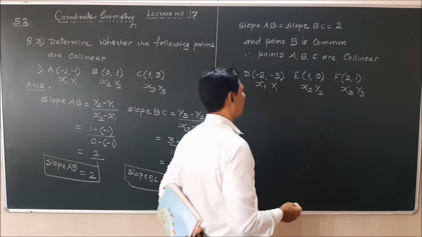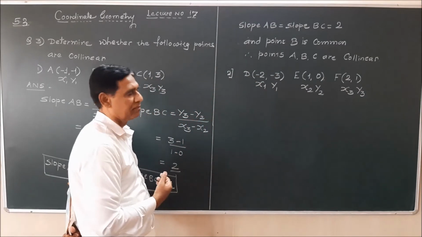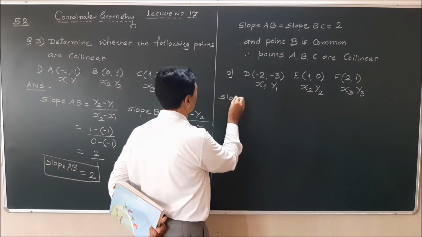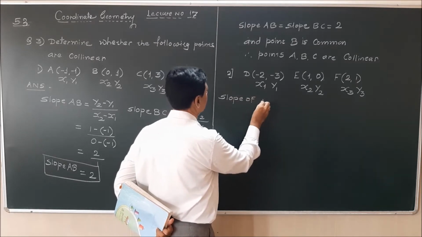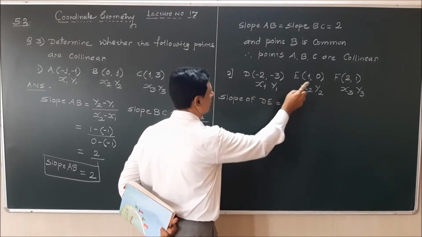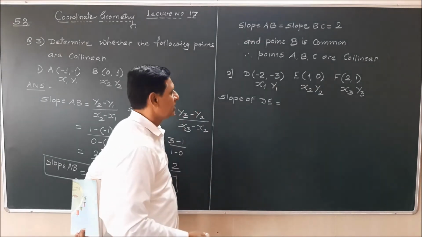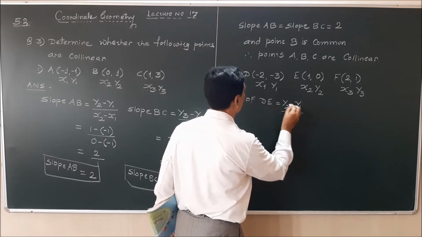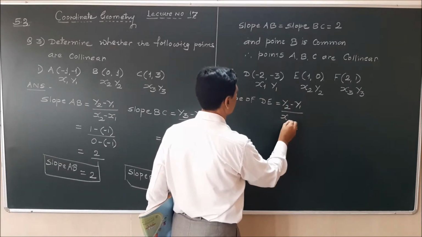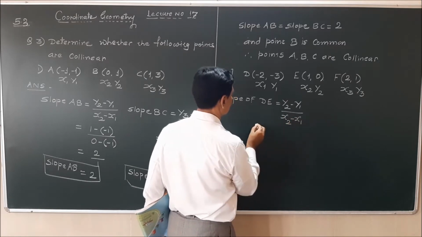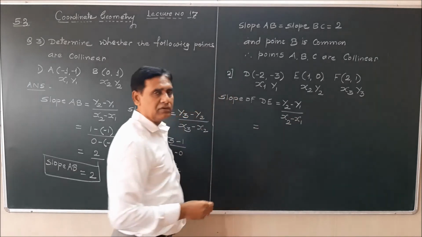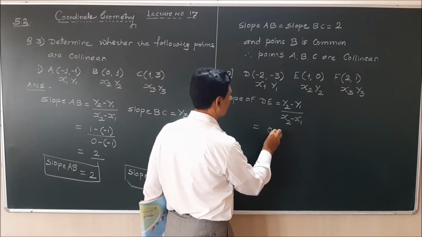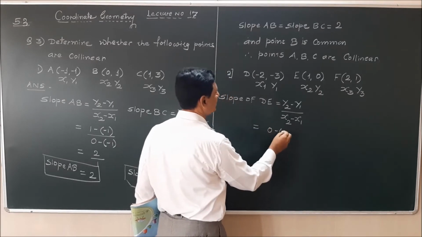Here also you will find these are all of the same type. So slope of DE is equal to y2 minus y1 upon x2 minus x1. Substituting the values, y2 is 0, be careful here students, 0 minus of y1 which is minus 3.